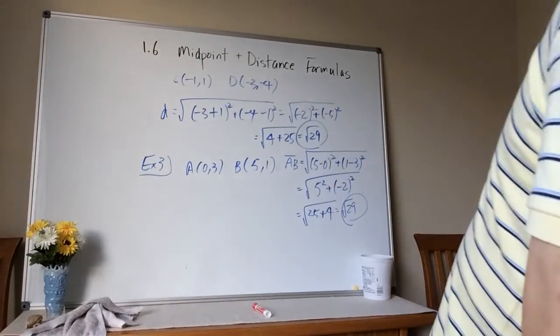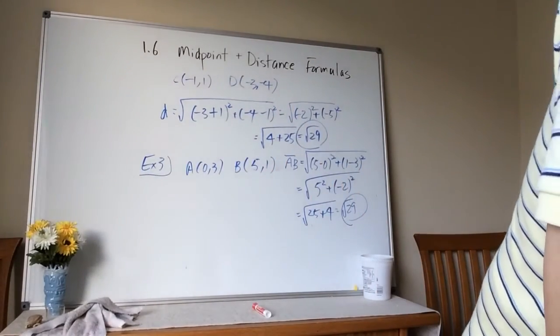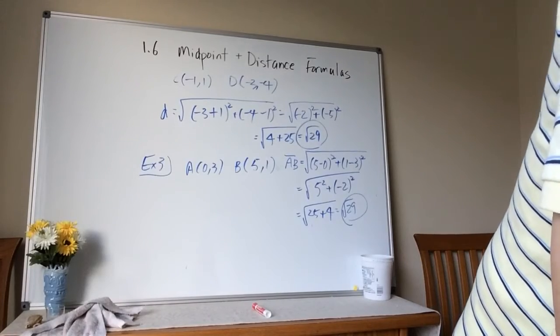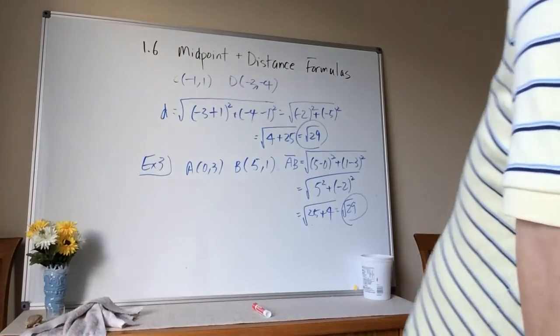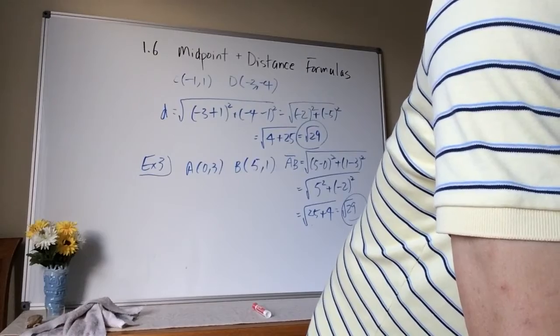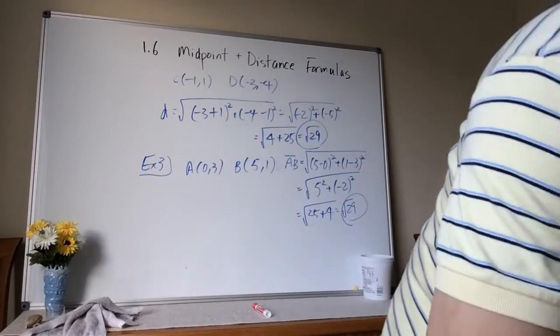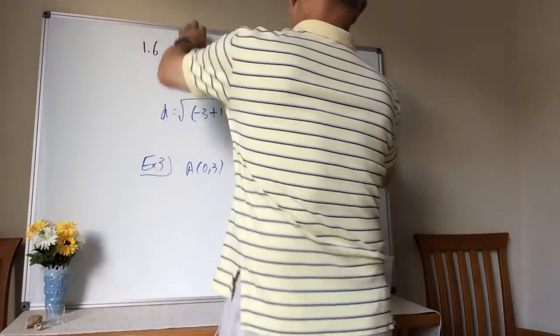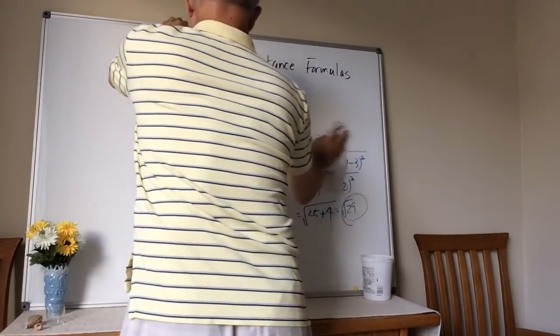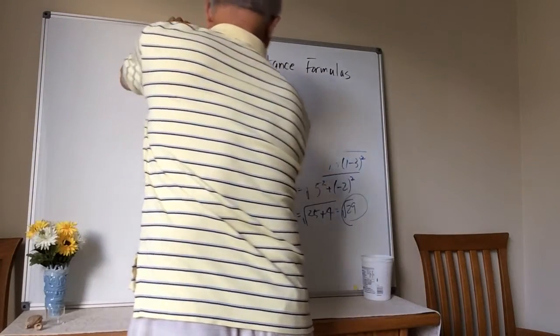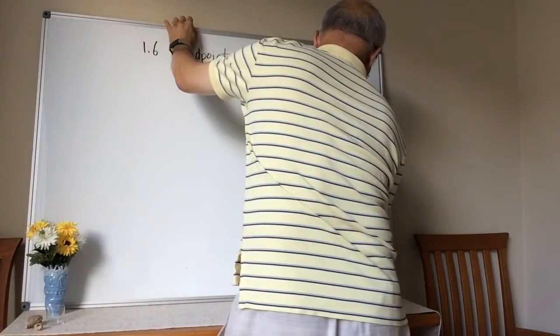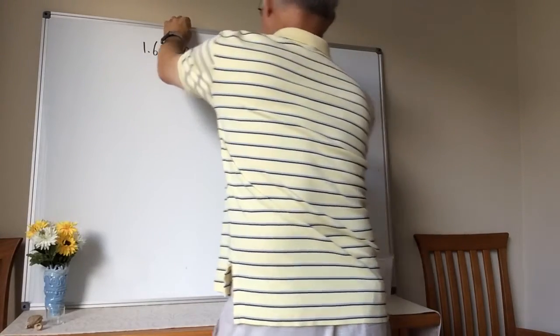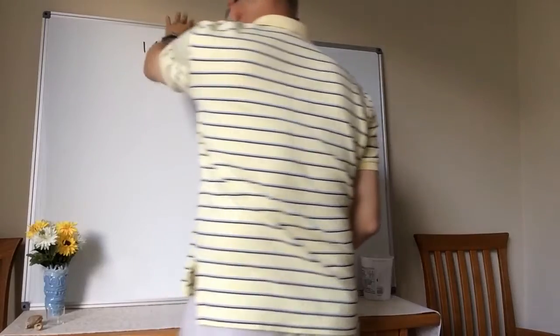Okay, so that's how you would do example number 3. Then in the middle of page 45, there's a theorem, 1-6-1. 1-6-1 is the Pythagorean theorem. The Pythagorean theorem, if you remember correctly, works only in a right triangle. It does not work on a triangle that is not a right triangle.